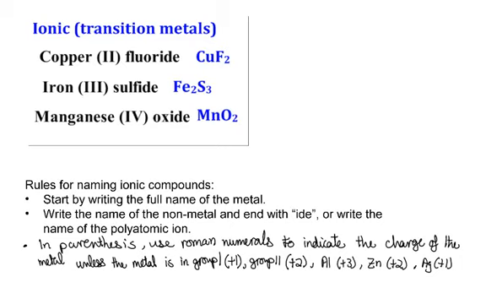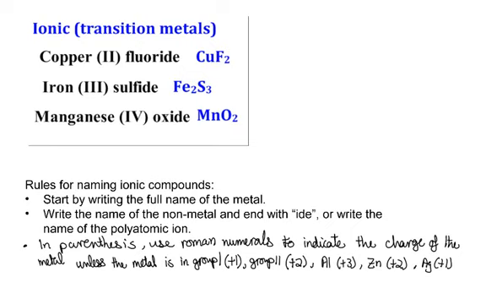So if your metal is in group 1, like lithium or sodium or potassium, or if it's in group 2, like calcium or beryllium or strontium, or if it's aluminum or zinc or silver, you do not do this third step. If it's any other metal other than these, then you do need the parentheses with the Roman numerals.